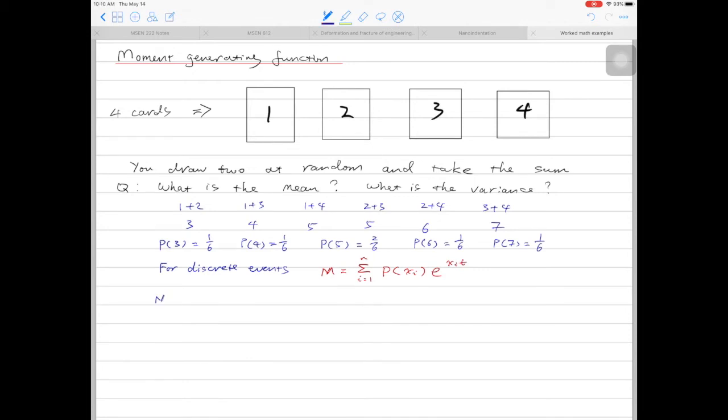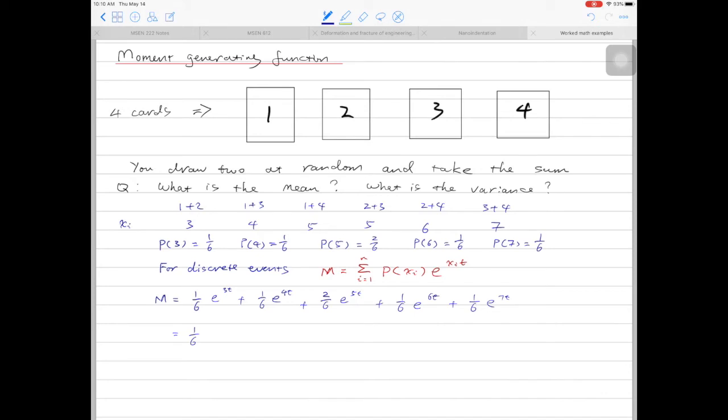Let's plug in the numbers. So M is equal to, the first probability is 1 over 6, and the first x_i is 3. So e to the power of 3t, then plus 1 over 6, the second event, e to the power of 4t, plus 2 over 6, e to the power of 5t, plus 1 over 6, e to the power of 6t, plus 1 over 6, e to the power of 7t.